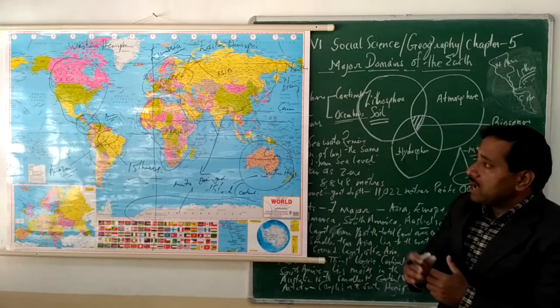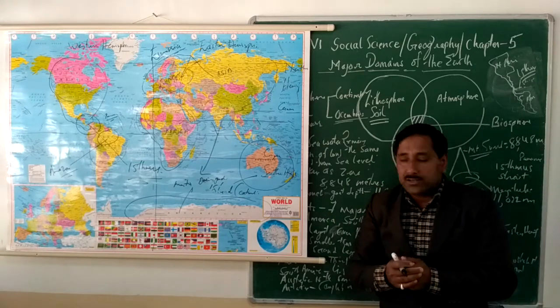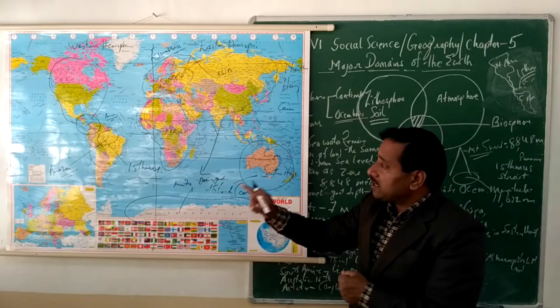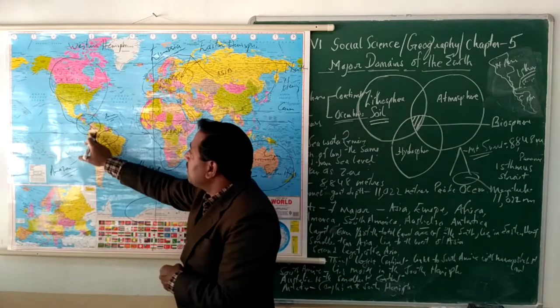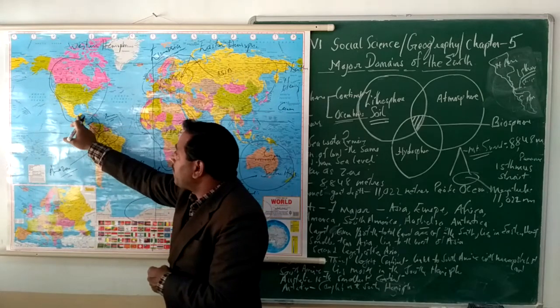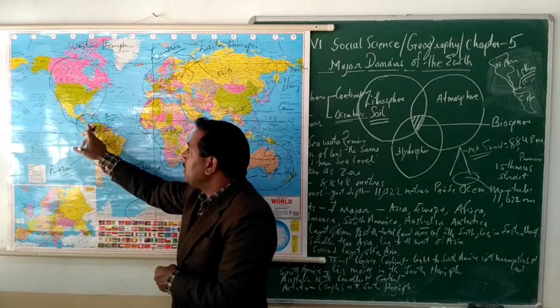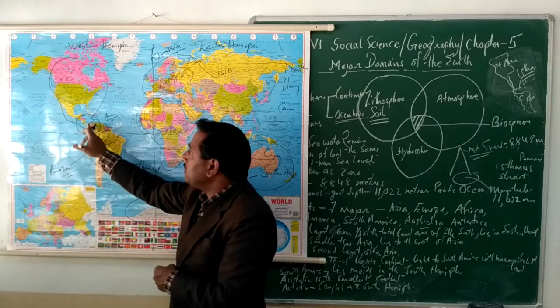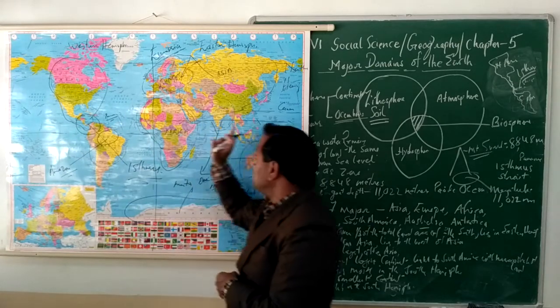And one more thing I would like to put in your knowledge: we discussed the narrow stretch of land which joins one part of the continent with the other one. That is known as an isthmus.